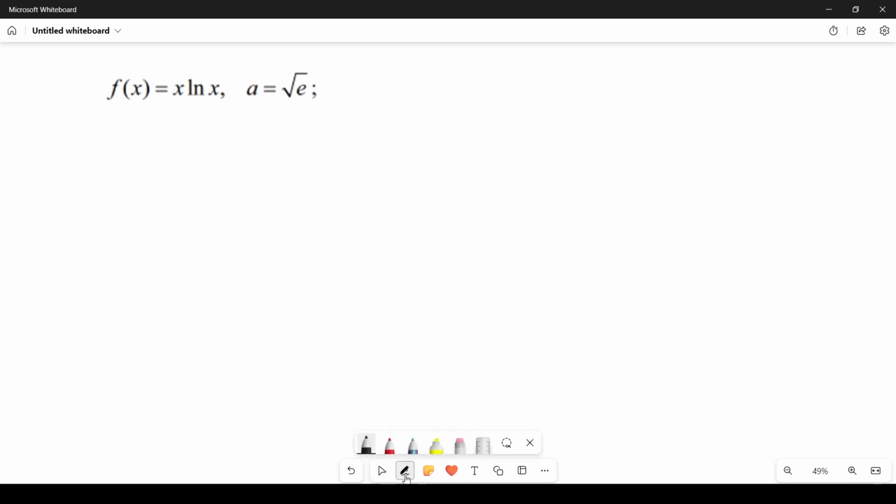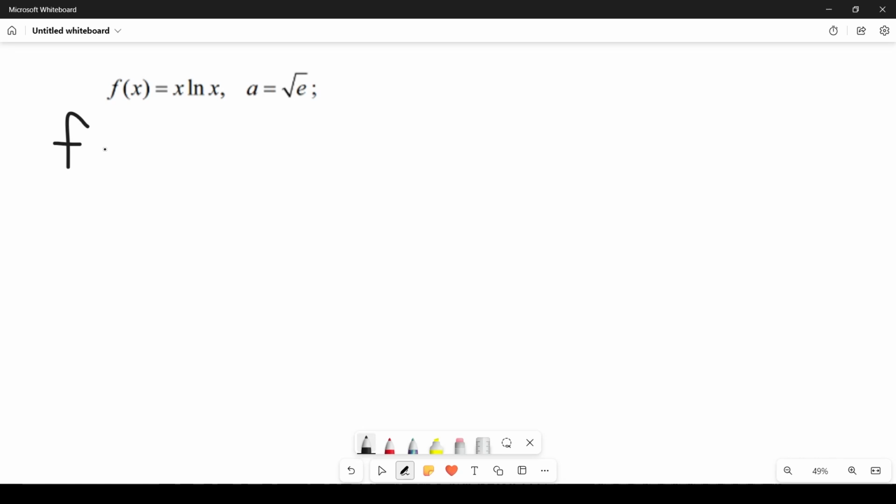And now we can write the second expression, which is this. The function f of x is x times the natural logarithm of x, and we know x equals e. So what we are writing now is the same thing as it was in the previous question.